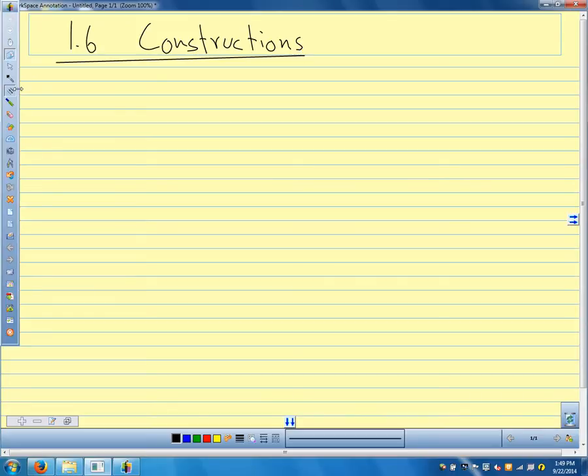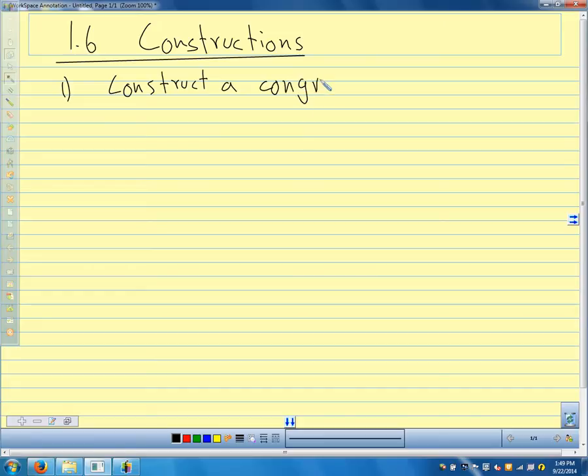All right. So the first one is, one way you'll hear it is construct a congruent segment. The other way that we'll talk about it is copy a segment.